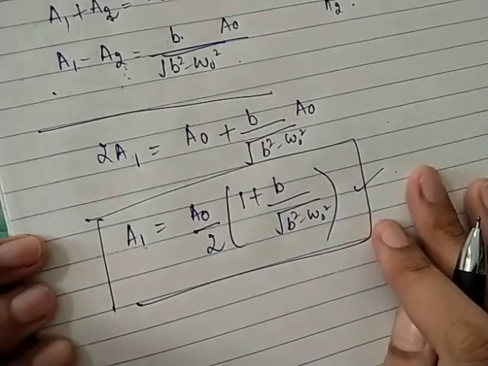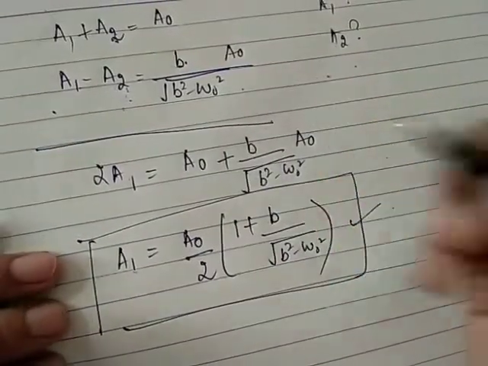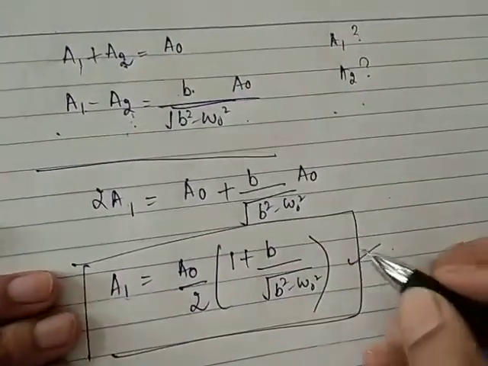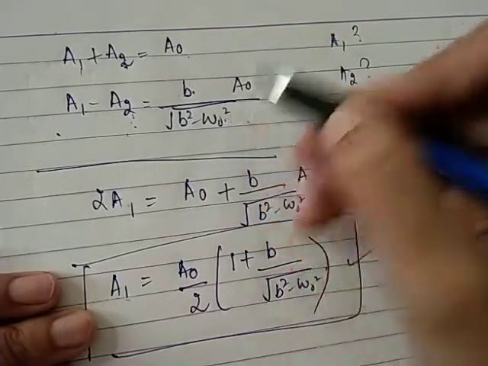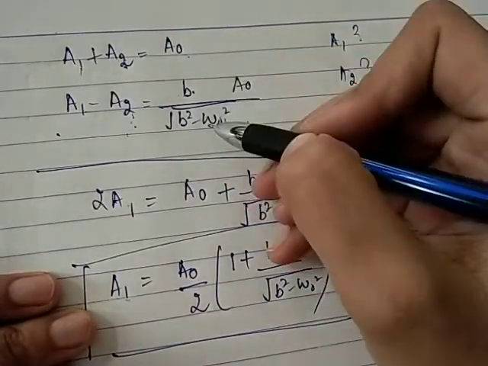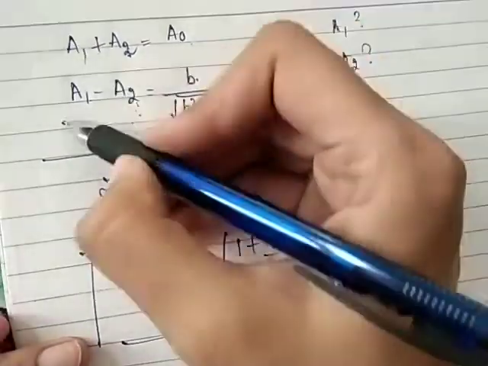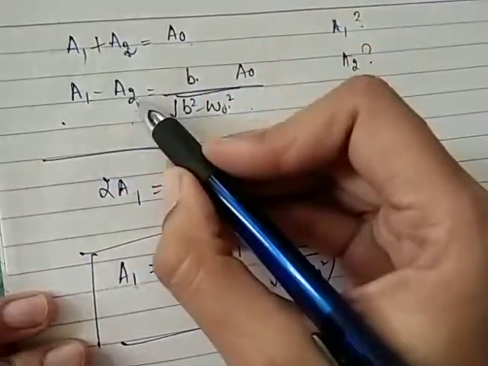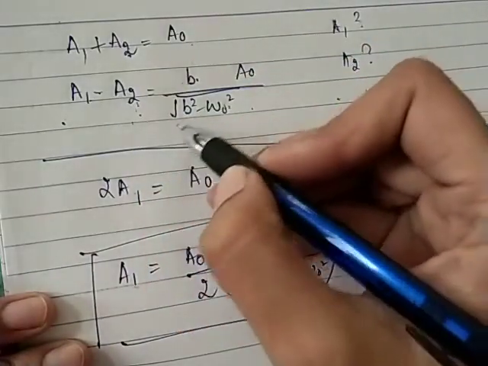When I need to calculate a2, I will either fill the value of a1 in this equation or in this equation, or I can subtract both equations. When I am subtracting both equations, this would be cancelled, and the negative sign here would be changed to positive sign, and here I would have negative sign.